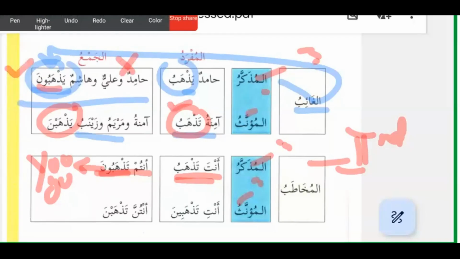Then tazhabu, tazhabani is not mentioned here, tazhabuna is mentioned. Then tazhabina, and tazhabna. Antunna tazhabna means you go, but when we are talking to a group of females, it means you females are going.